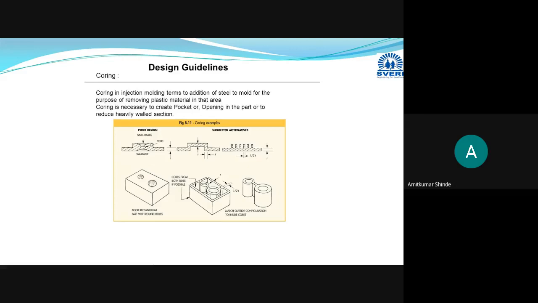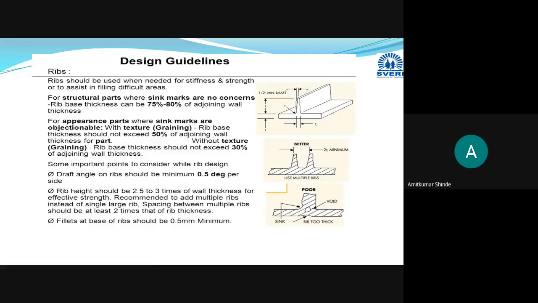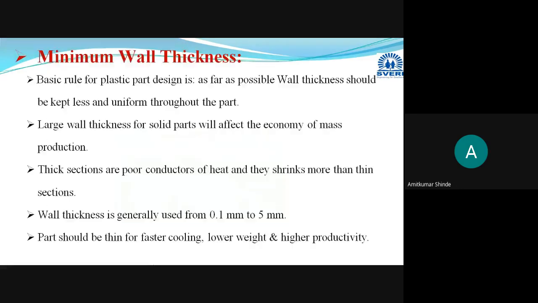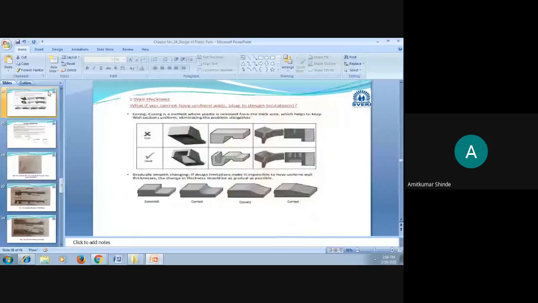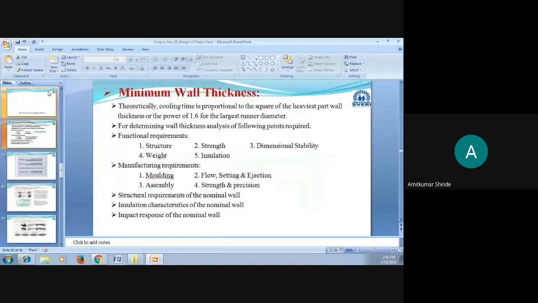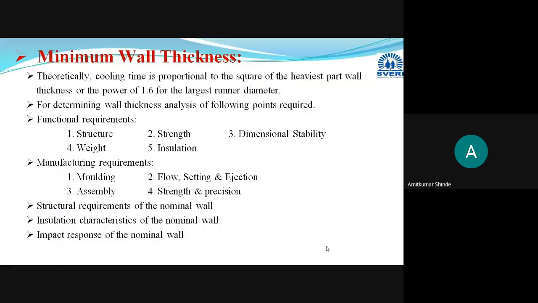In the next section we will go for some design guidelines related to ribs, corners, scorings, like that. In this session, we have completed the concept of minimum wall thickness, or how to choose the minimum wall thickness while designing a plastic part.